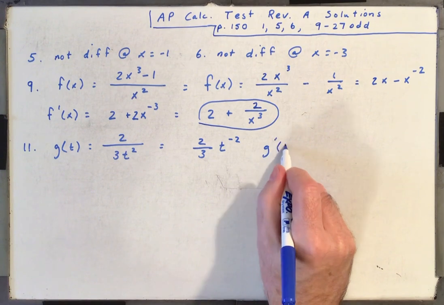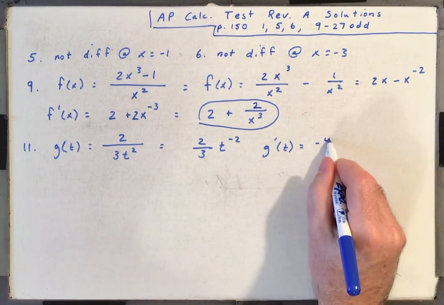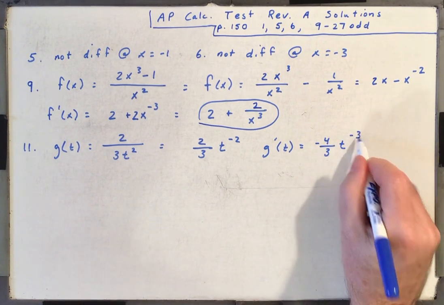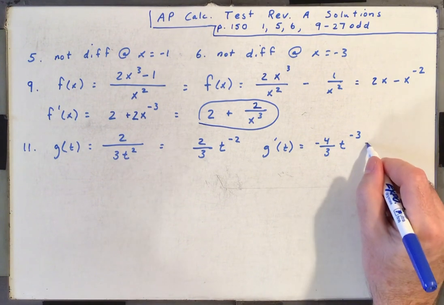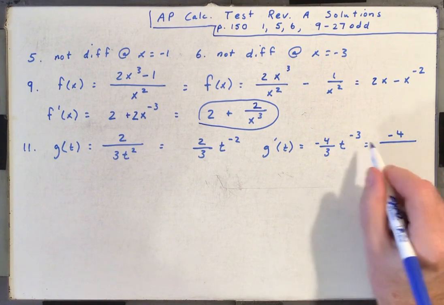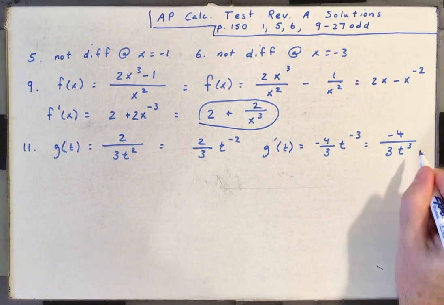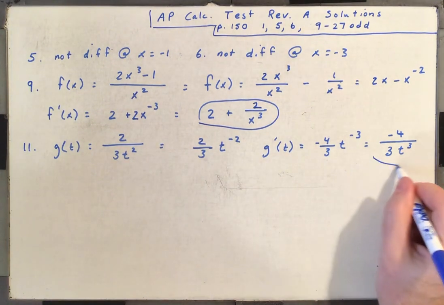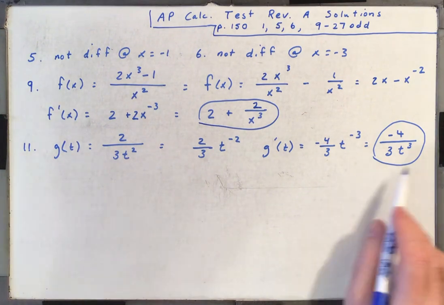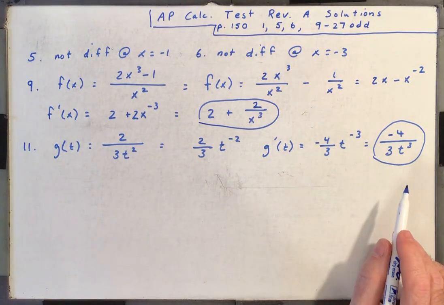So g prime of t, negative 2 times 2/3 would be negative 4/3 t, and subtract 1 to the minus 3. Okay, and that's cleaning it up, and in the last step, that's going to be negative 4 over 3t cubed. All right, so make sure you make that exponent positive so I don't have to count a point off on the test.